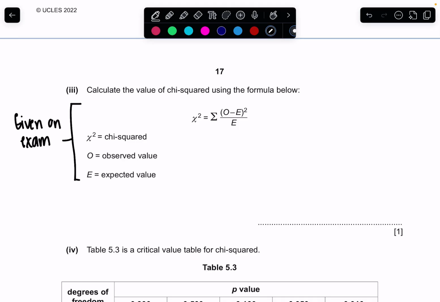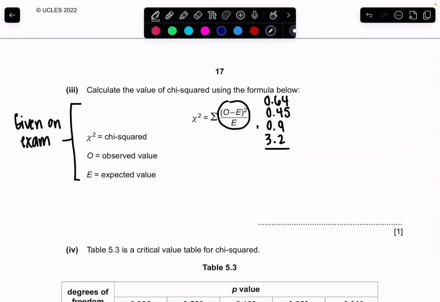But we need to understand that we need to plug information in. We already found this on our table, right? We had the O minus E squared over E. So you're going to plug in 0.64 plus 0.45, that's the last column on the table, plus 0.9 plus 3.2.